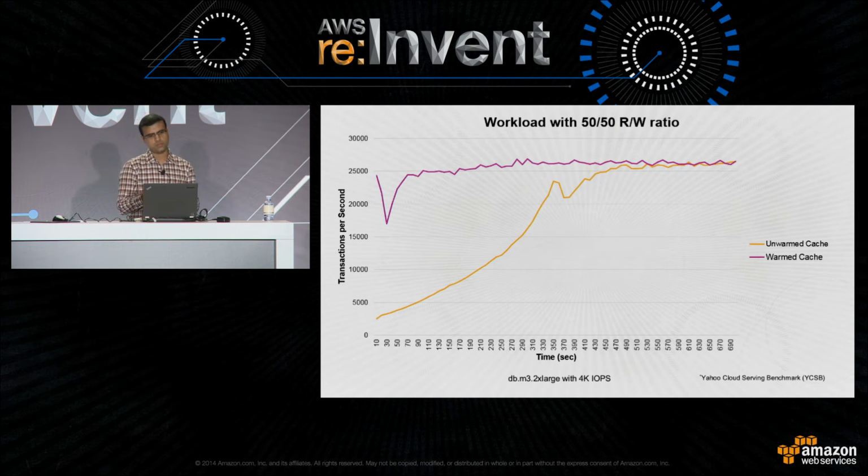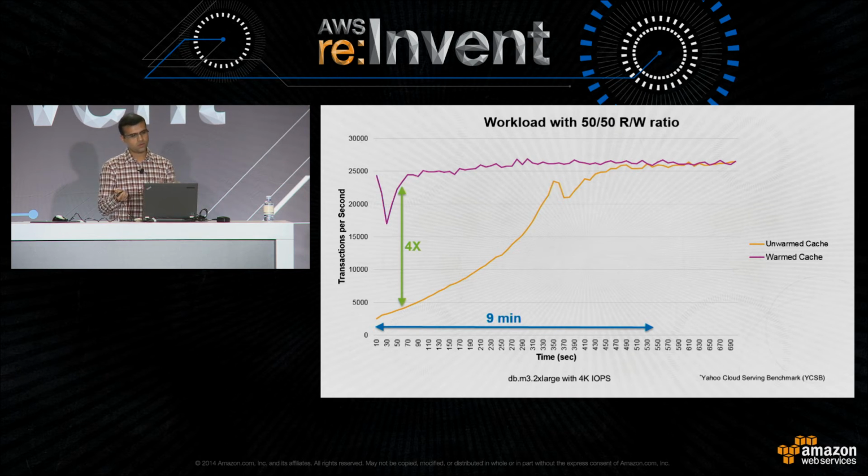So here is an example of that workload. It's 50% reads, 50% writes. The purple line above is the one with cache warming turned on from the get-go, and the yellow line is the one with unwarmed cache. You can see that for about 9 minutes, there's a huge difference between the transactional throughputs of the instance with the cache warmed versus unwarmed.